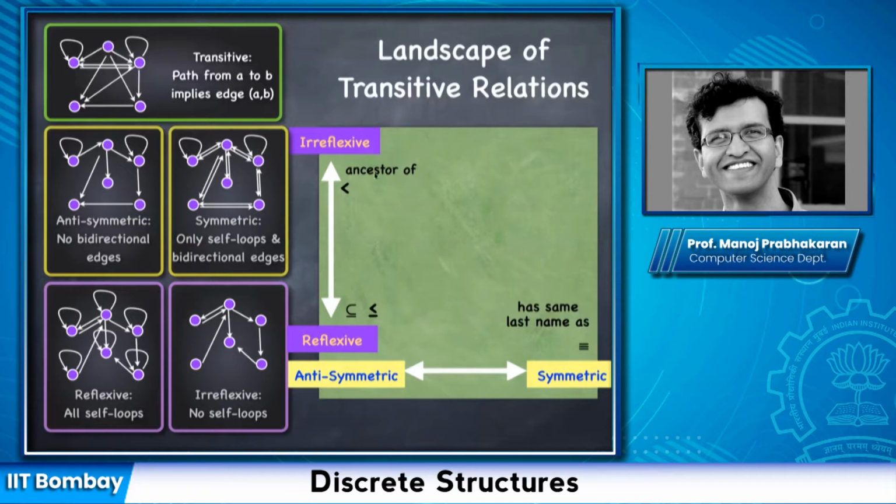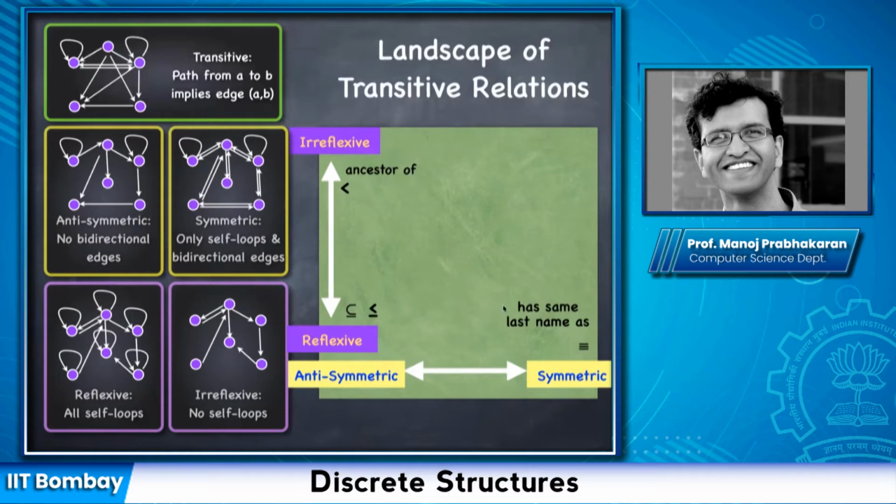So if A is an ancestor of B, then B cannot be an ancestor of A. So that's an irreflexive relation. And less than or equal to and the subset relation are all reflexive. A set is its own subset, and A is less than or equal to A for integers. On the other hand, the examples we looked at, has the same last name as, equivalence, and congruence modulo a number, are both symmetric and reflexive.